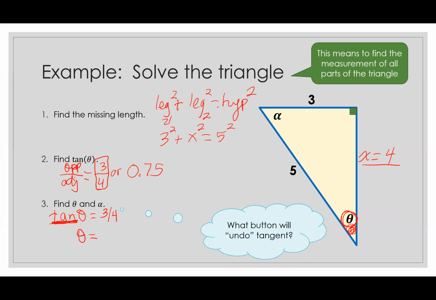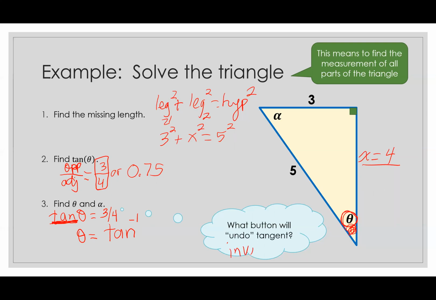Okay, so look at your calculator and look at the second function of the tangent button. You will see this right here. That's not to the exponent -1. That's actually read as the inverse tangent. Okay, so how do we undo tangent?